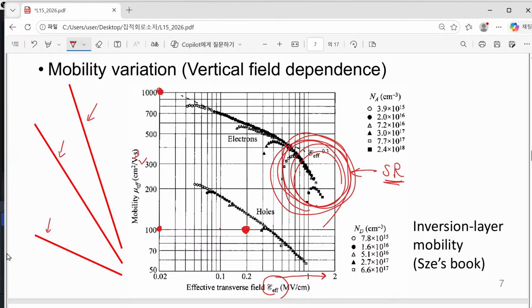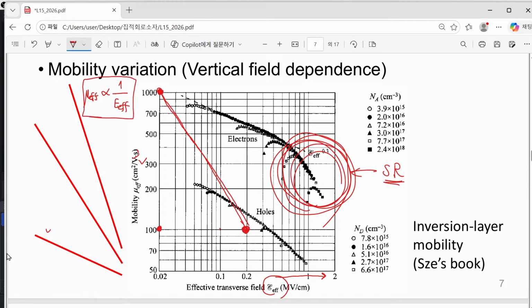If we make a diagonal line connecting these two, sorry, maybe my drawing is not that straightforward, but this is corresponding to a relation like this: effective mobility is proportional to the inverse of effective electric field.